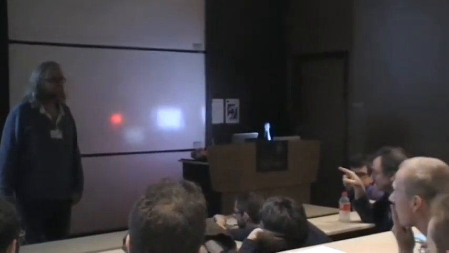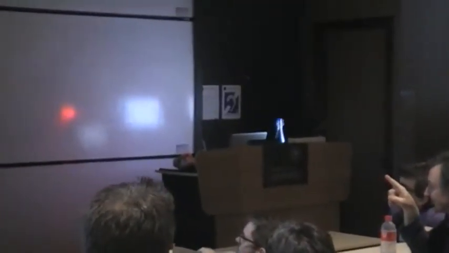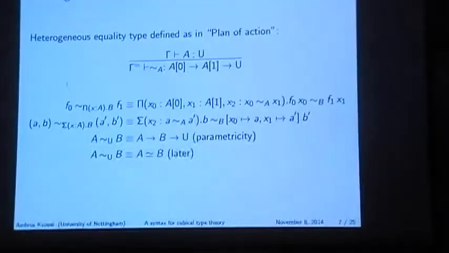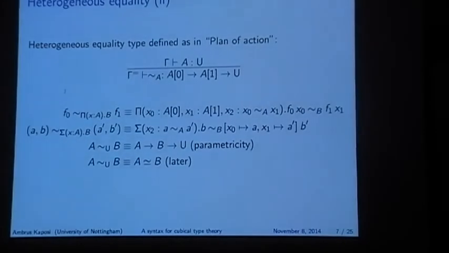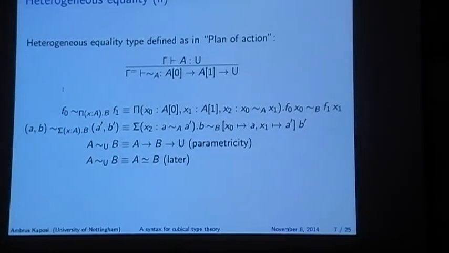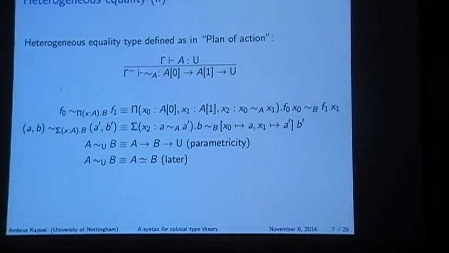When you read this B tilde subscript capital B square bracket x0, that means that B is equal to B prime in that extended context. So B is an element of U in this context, right?